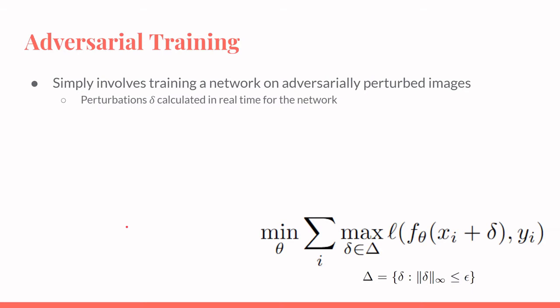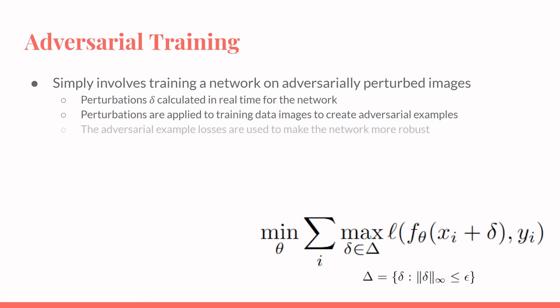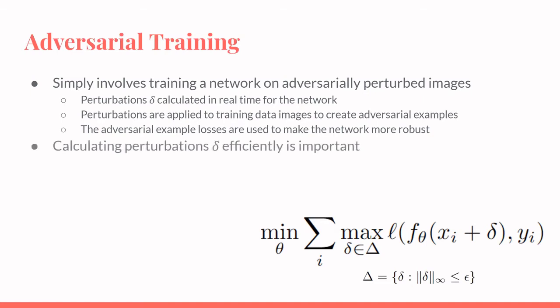So some perturbations, delta, are calculated in real time for the network, and those perturbations are applied to the training data images to create the adversarial examples. And the losses created from those adversarial examples are used to make the network more robust to other adversarial examples that it would not have been otherwise able to train against.